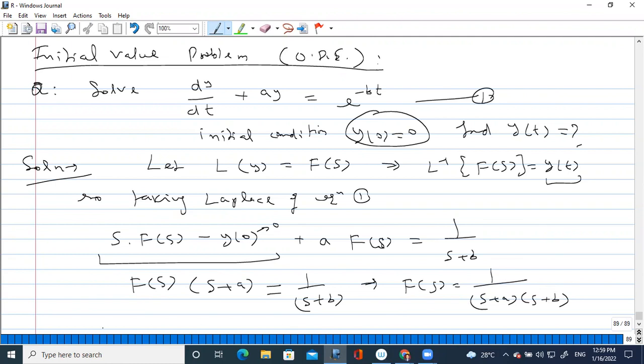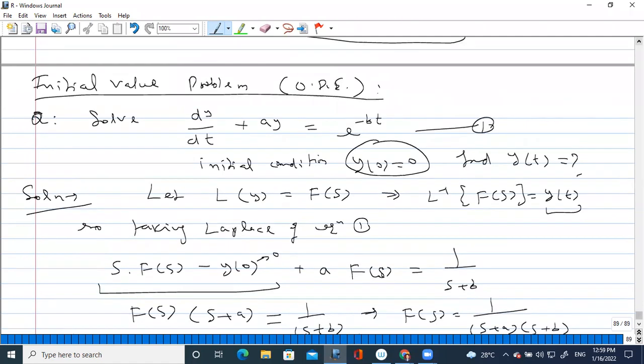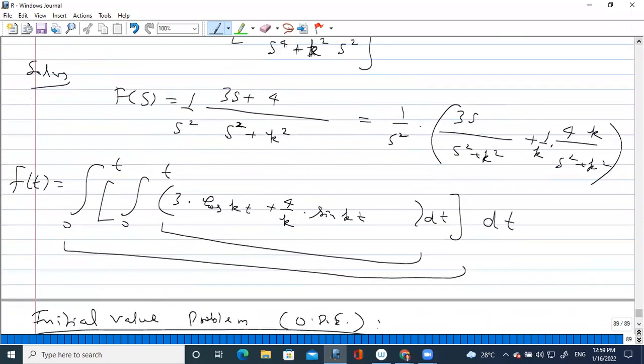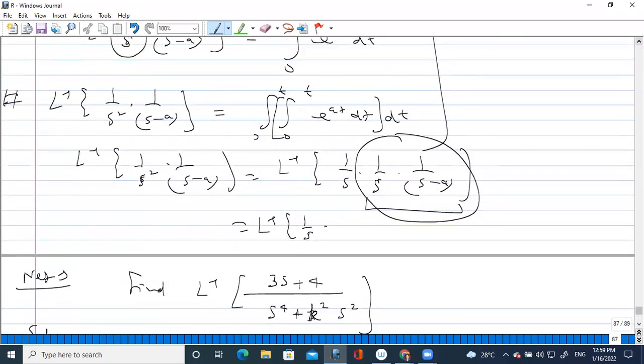Okay. So y(t) will be the Laplace inverse of F(s). So the Laplace inverse of 1 upon (s + a)(s + b), that I have done just now. I will not do it again.